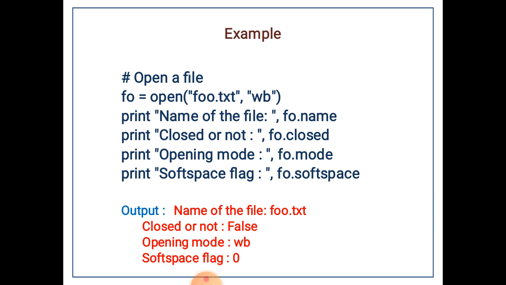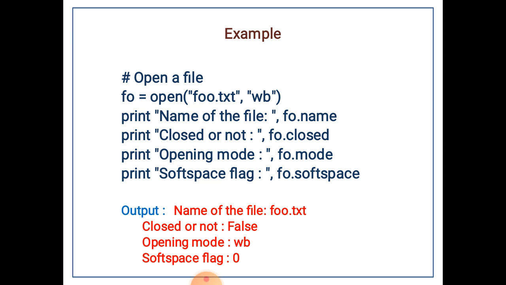Now let us see an example of the file object. Here we have opened a file using the syntax fo is equal to open, foo.txt, that is the name of the file, comma wb, that is the access mode, writing in binary mode.